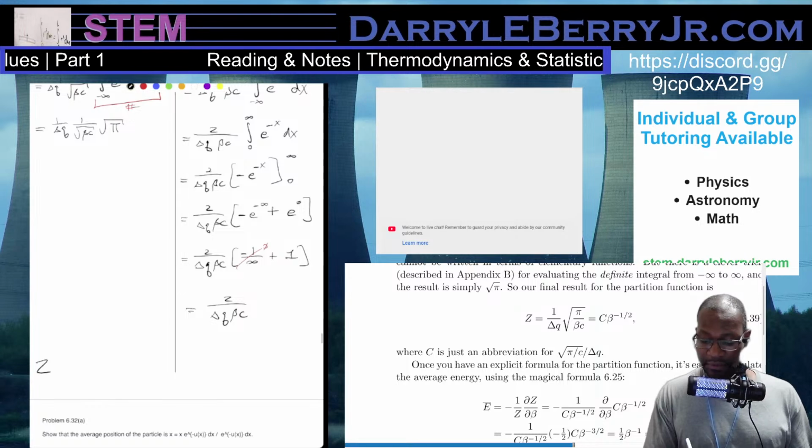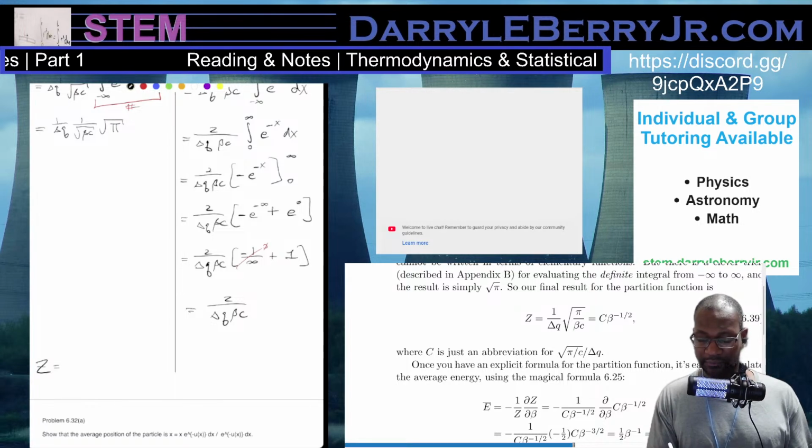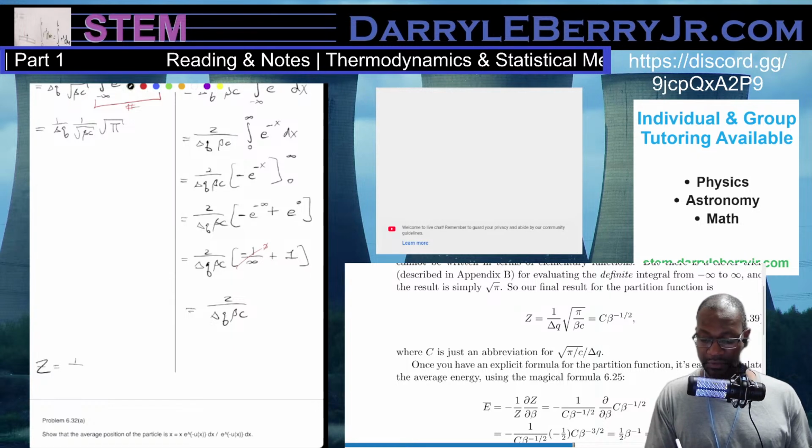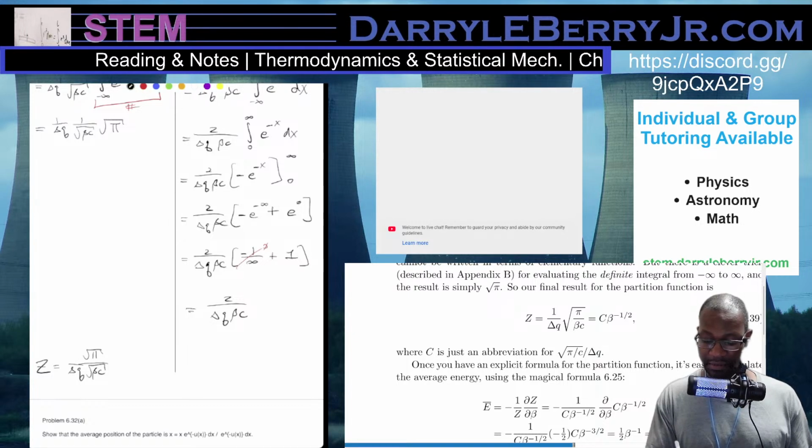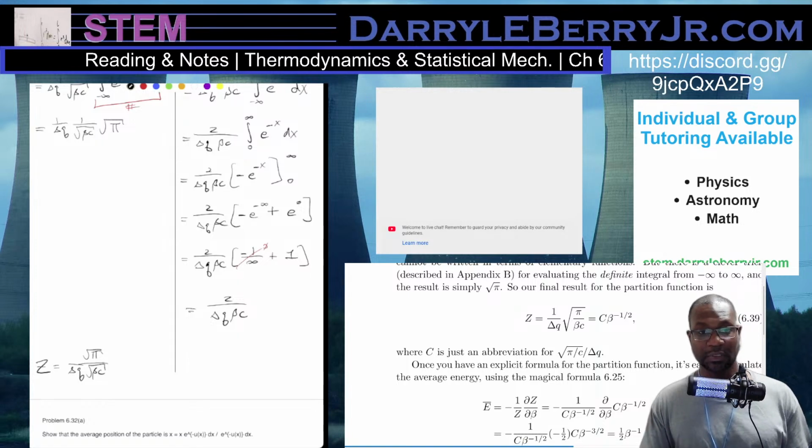So z for the quadratic degree of freedom is 1 over square root of q, square root of bc, square root of pi, and that's the solution from the book.